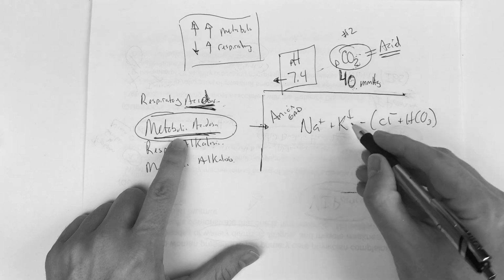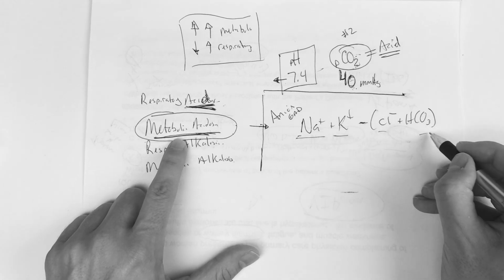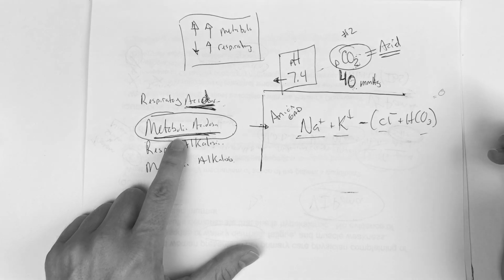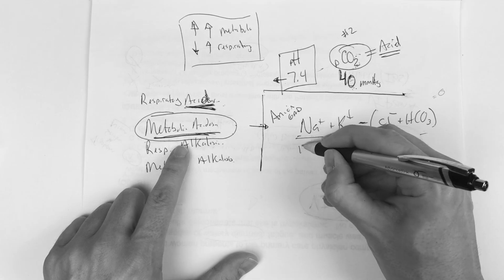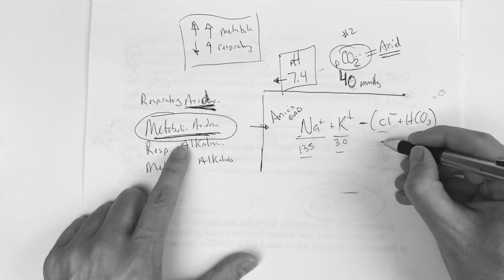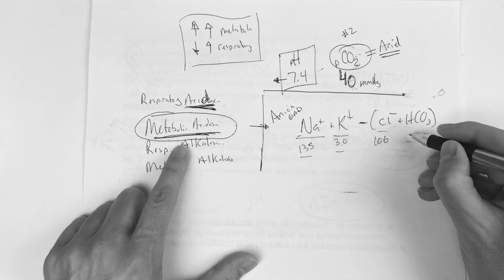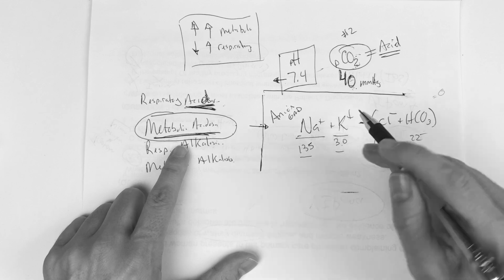Now, when you add up all the cations and you subtract the anions, it should equal 0, right? But when they calculate all this stuff, there are a couple of small players, because these are relatively big numbers. I mean, 135 is big, potassium at 3 is not too big, chloride is usually around 106, bicarb 22. Some people get rid of the potassium because it's too small.